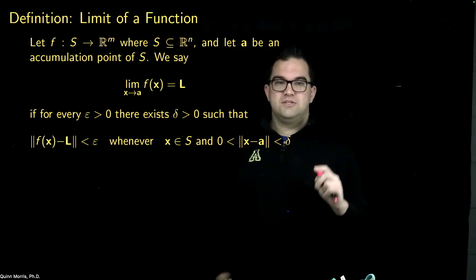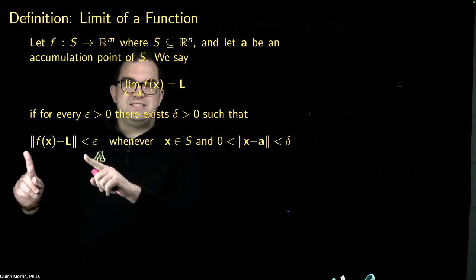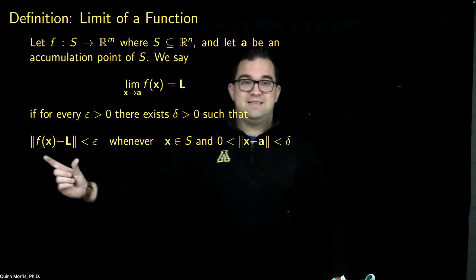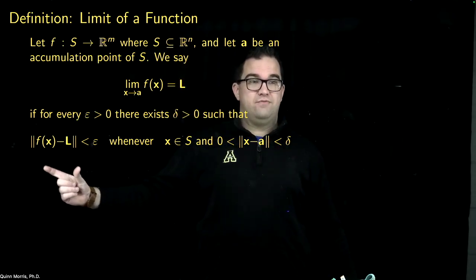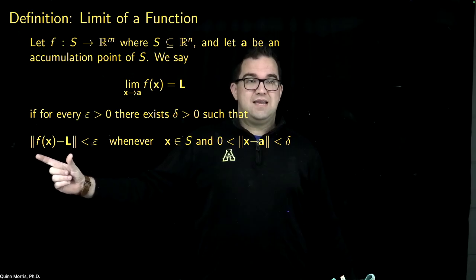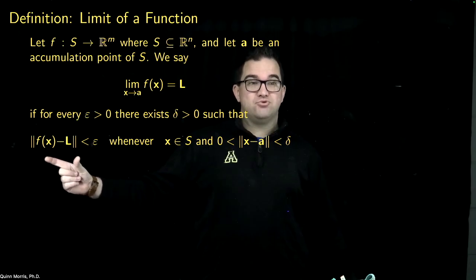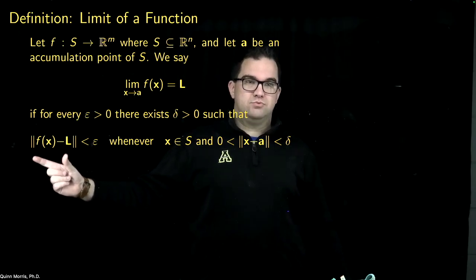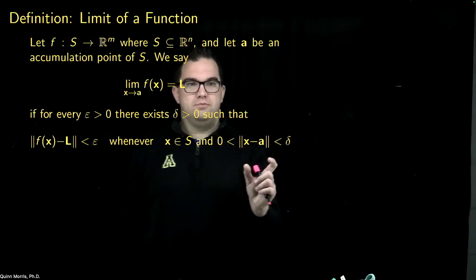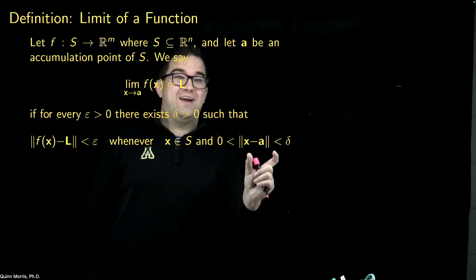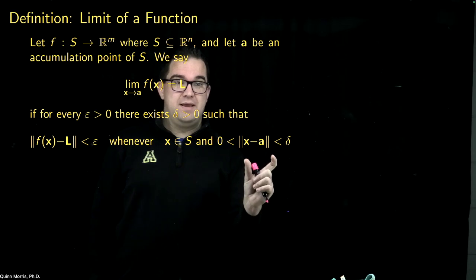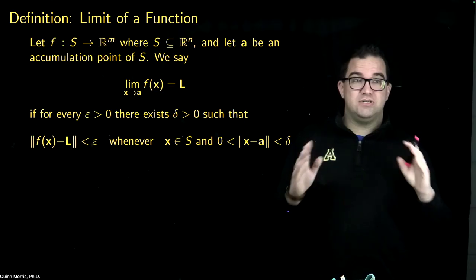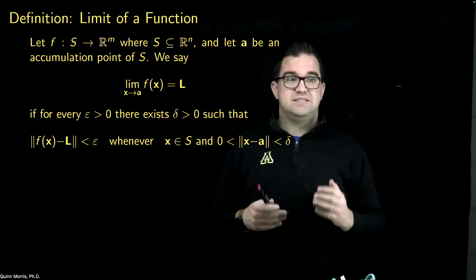So all that's really changed is before, the distance between f of x and L, when f of x and L were real numbers, could be found by just taking the absolute value. Now this is taking the norm of the difference. That's the metric on Rn. Sorry, here it's the metric on Rm because we're in the range space. Here, this is the metric on Rn because we're in the domain space. But we're still fundamentally measuring distances. And fundamentally, this definition is exactly the same as we saw in 5610.